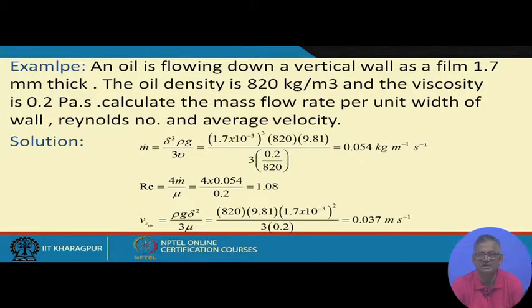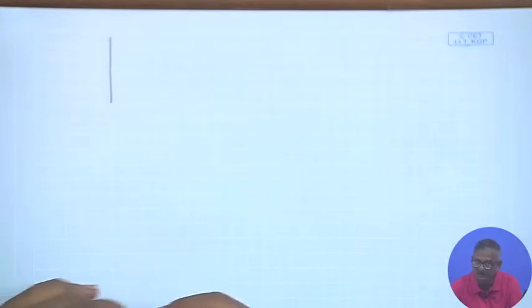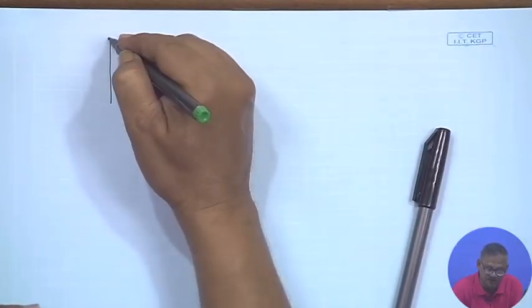So, this is then a pure case of falling film, where an oil is flowing down a vertical wall as a film 1.7 millimeter thick. So, the thickness of the film is also given. That means we have a vertical wall and down this wall a film is travelling like this.